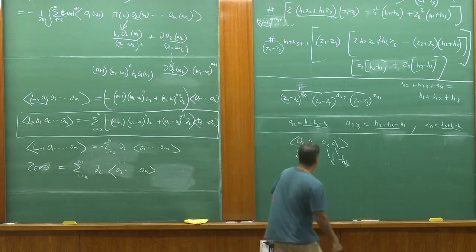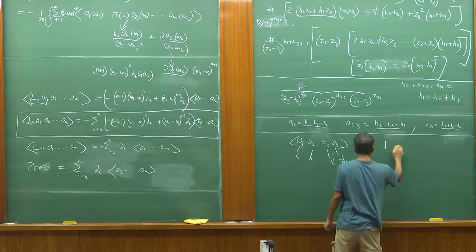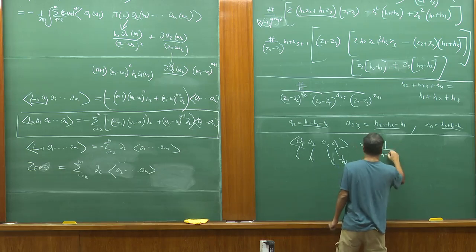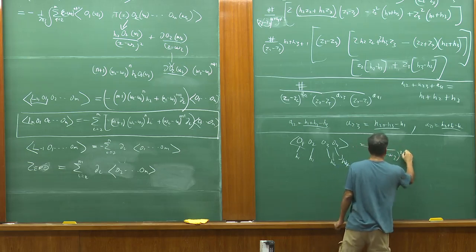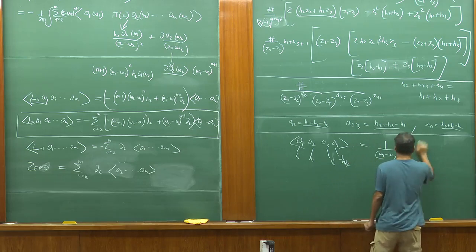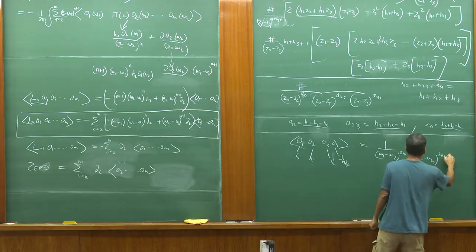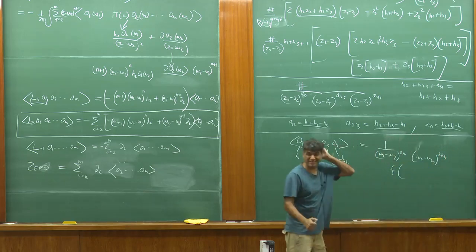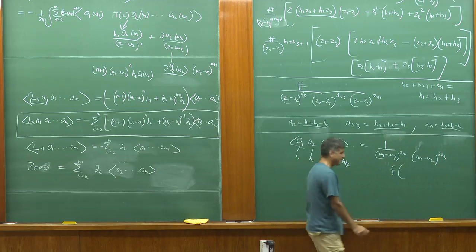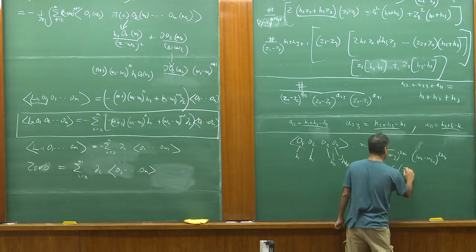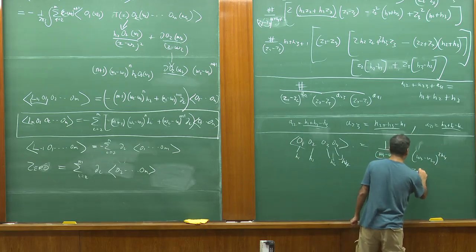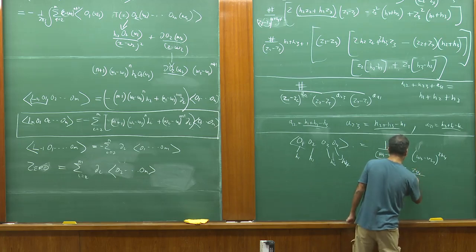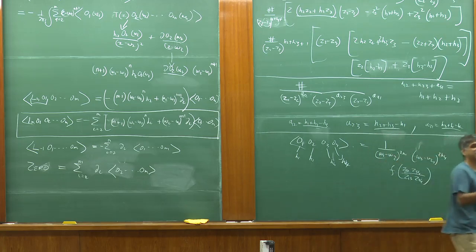Okay, but any correlation function of this form, omega 1 minus omega 2 to the power 2h1, omega 3 minus omega 4 to the power 2h4, times a function of what are called cross ratios, z12 z34 by z13 z24, where z12 means z1 minus z2.